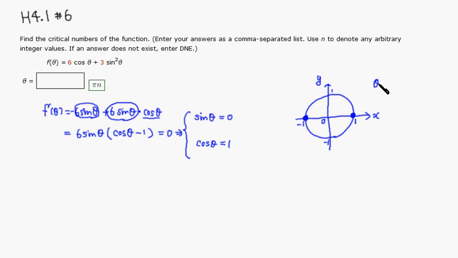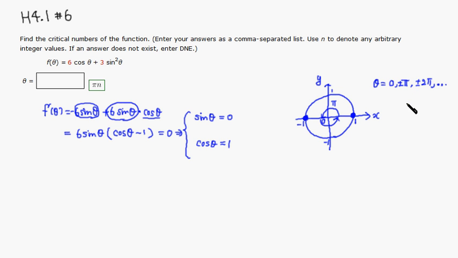or pi. So pi is going from here to there. Or you can add any multiple of pi to it. It could be negative pi, so it's going to be plus or minus pi, or plus or minus 2 pi, and so on.